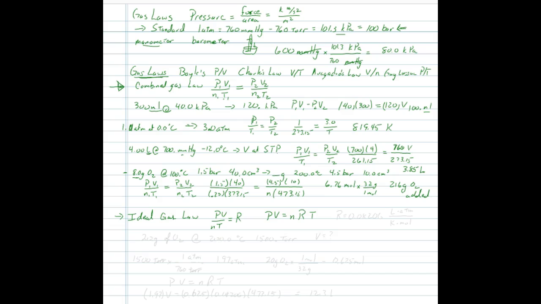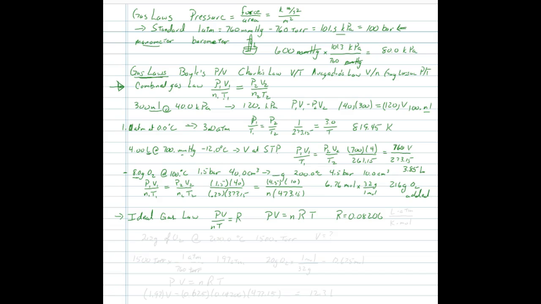Notice there's only one pressure, one volume, one number of moles, one temperature. The constant R changes according to your units. It's probably easier just to memorize one value of R, and amazingly this R value shows up over and over and over again in different contexts later on in the second semester. So the R has a value of 0.8206.